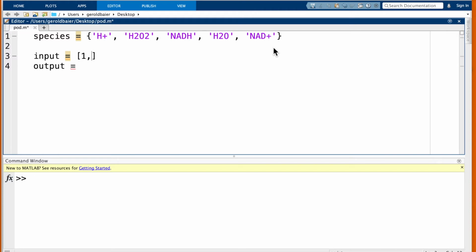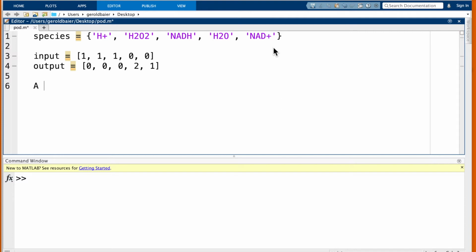We have a molecule of hydrogen ion, one of hydrogen peroxide, one of NADH, but of course none of the products. And for the output vector we'll have again square brackets. We'll have none of the substrates as a result of the reaction, and we'll get 2 molecules of water and 1 molecule of NAD+. So that completes input and output.